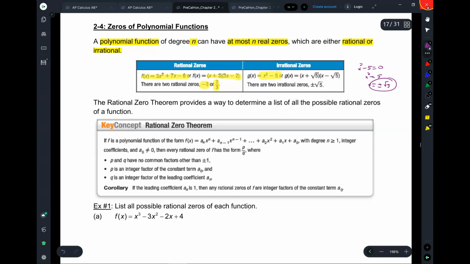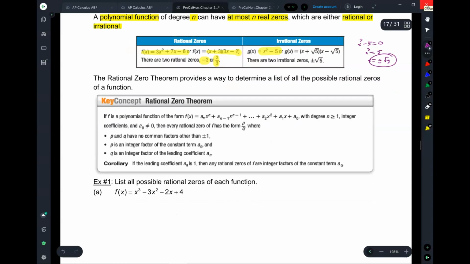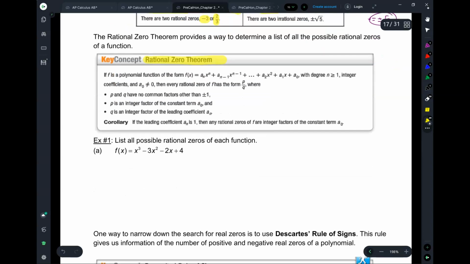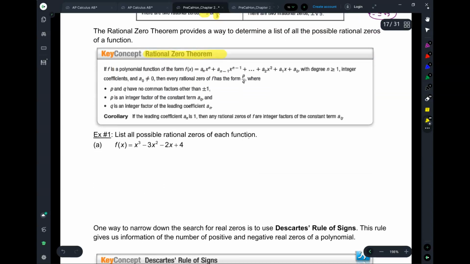Okay. So when you have a polynomial that is not very easy to factor, we have to figure out a way to still see what the solutions are. That's what we're going to talk about today. The way in which we're going to do that is called the rational zero theorem, okay? And what that does is it uses these numbers p over q in order to narrow down which numbers could possibly qualify as zeros of a function, right?